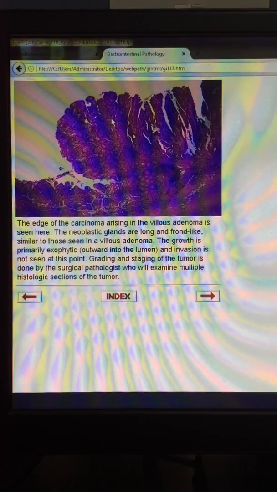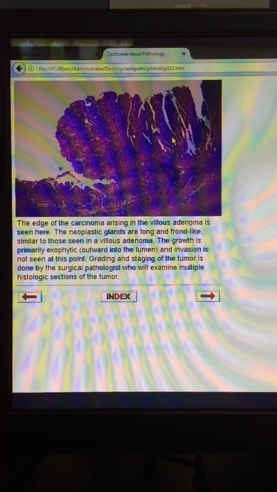The epithelial lining is a stratified columnar epithelium with nuclear stratification and depletion of goblet cells. Adjacent to the adenomatous lesion, here is a well-differentiated adenocarcinoma. You can notice that the crypt architecture is more complex than the adjacent adenomatous part.